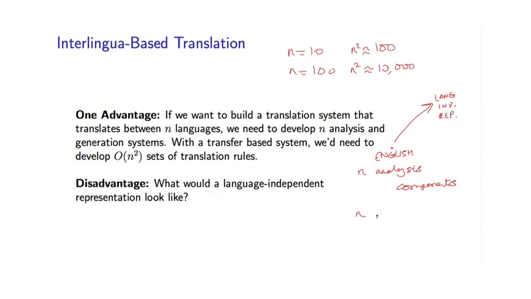And we need n generation components. So remember, the generation component would take the language-independent representation and generate, say, a French string or an English string. Okay, so because we've done away with the transfer component, in theory we just need these n analysis components and these n generation components. So that could be a saving.